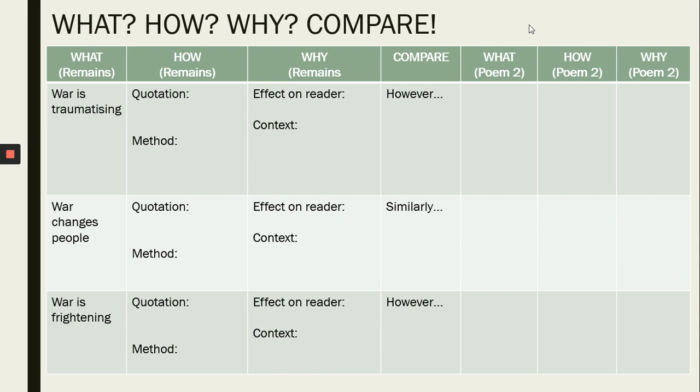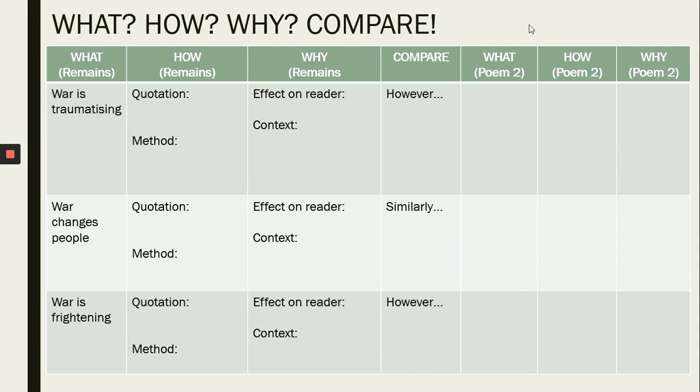Okay, so here is your basic planning sheet. Your what, how, why, compare. Now you're used to seeing what, how, and why. We did those all the time when we did A Christmas Carol. We've used it when we're looking at our language questions.